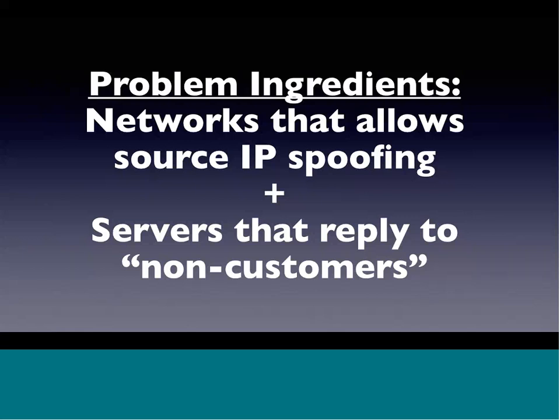So if my ISP sees a question going out into the world saying, I'm Ellie, and the ISP knows that Ellie is not a customer, it shouldn't allow that question to go out onto the internet. So that's essentially IP spoofing. And then on top of that, I'm going to ask a DNS server for a response. I'm going to look for the IP address of that giant response we saw before off of the dig command.